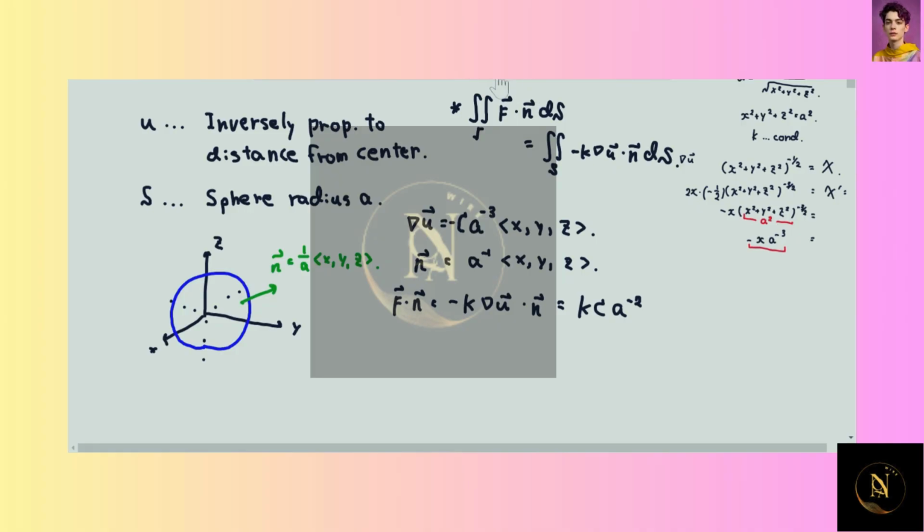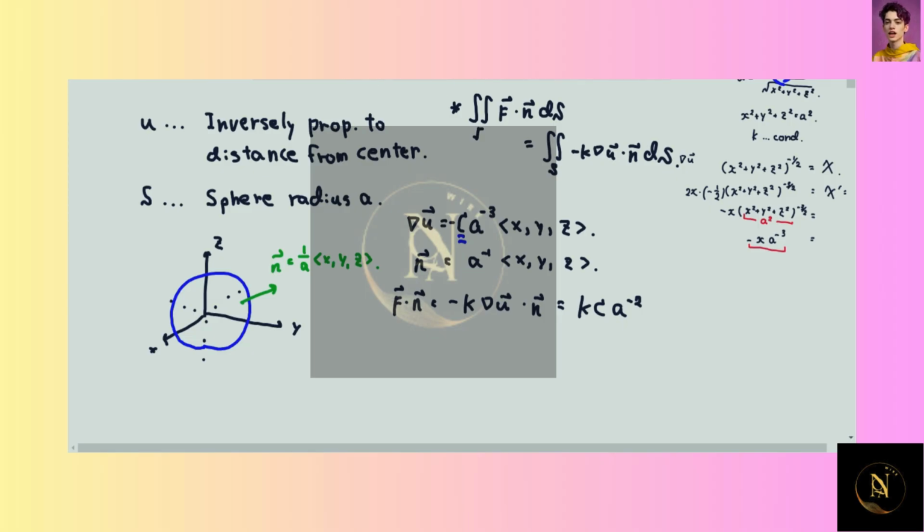U is inversely proportional to the distance from the center, and because we are not given what that constant is equal to, it's simply the value that I didn't use, but it just comes out of the vector, so you can just put it right there. Okay.